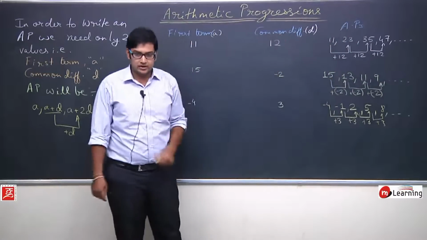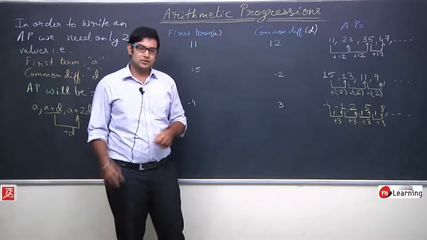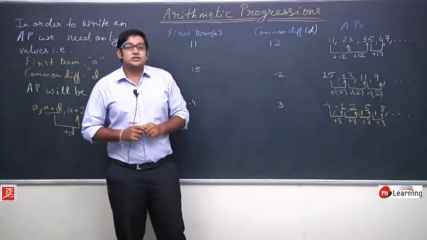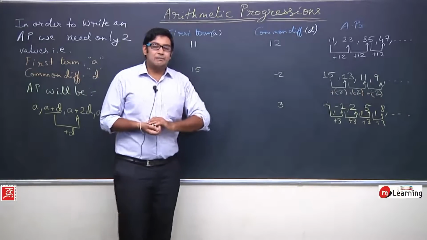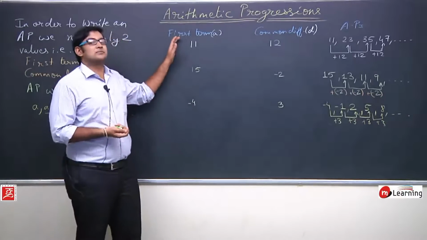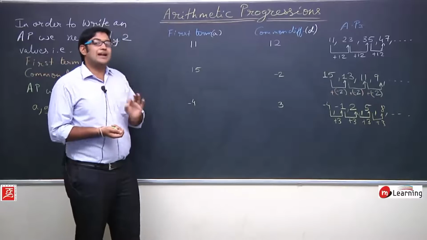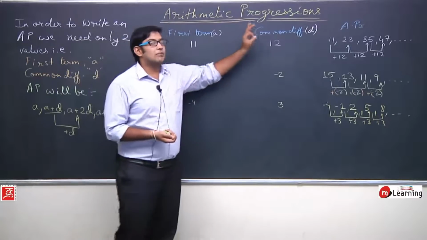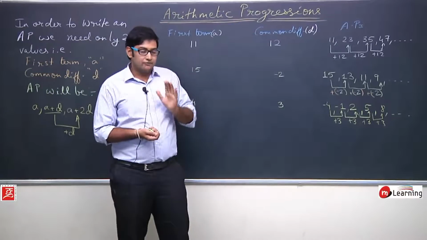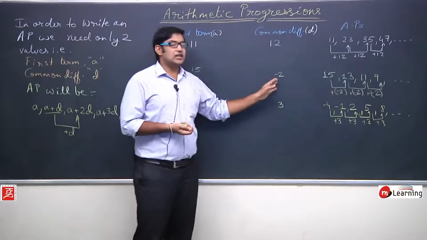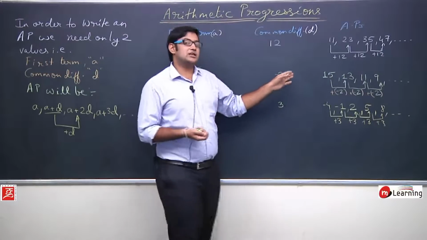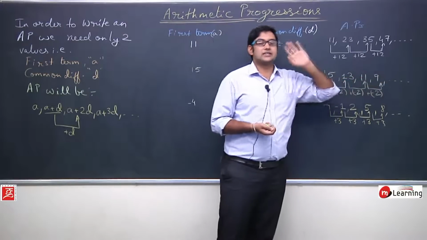It will go on, it will go till infinity. Okay. So what I can observe is, it does not matter whether my first term is a positive number or a negative number. What matters is my common difference. If common difference is negative, my arithmetic progression will go on decreasing.